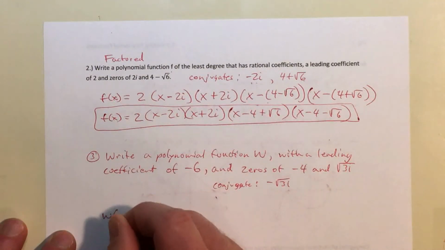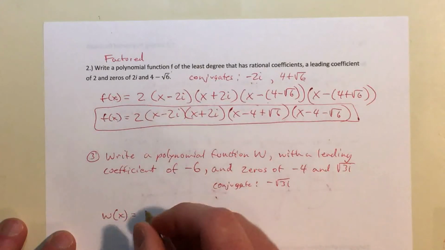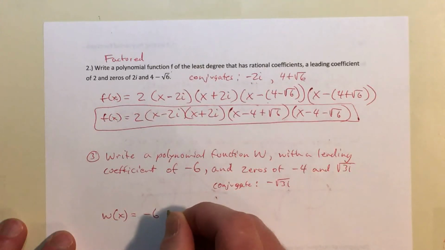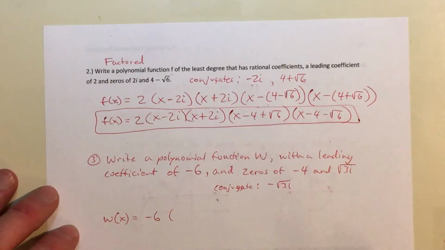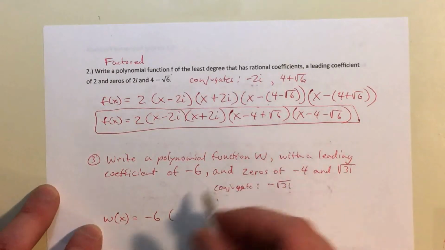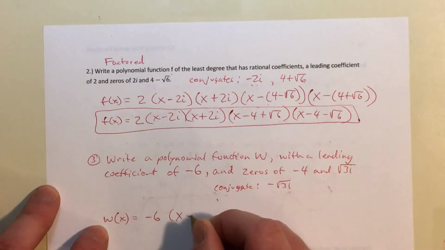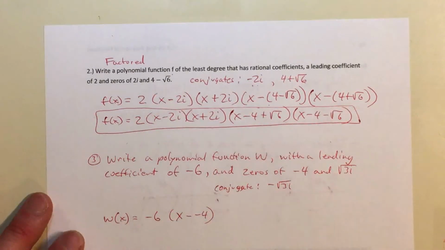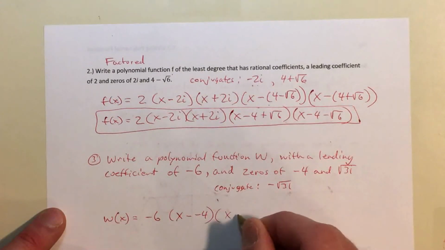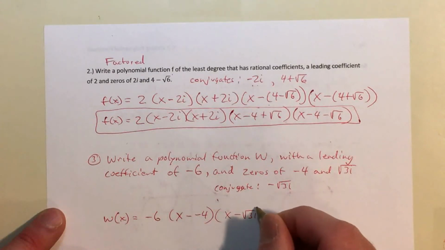It's named W, so we'll say W of x equals, our leading coefficient's -6. Then we start writing our factors from our zeros. So -4, so we'll go x minus -4. Again, you could go ahead and change that to x plus 4 if you wanted to. We've also got x minus square root 31.